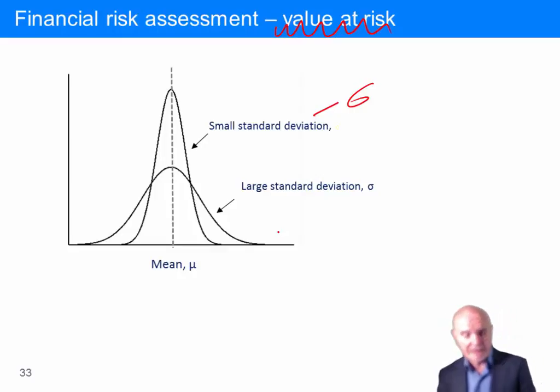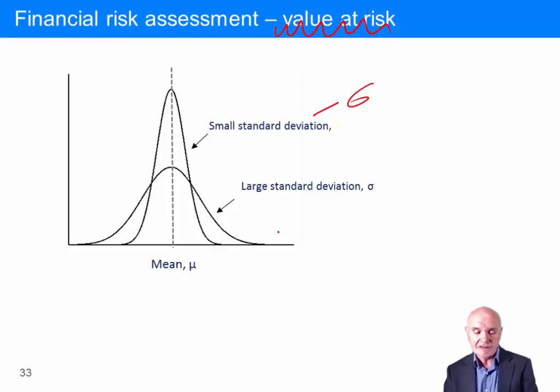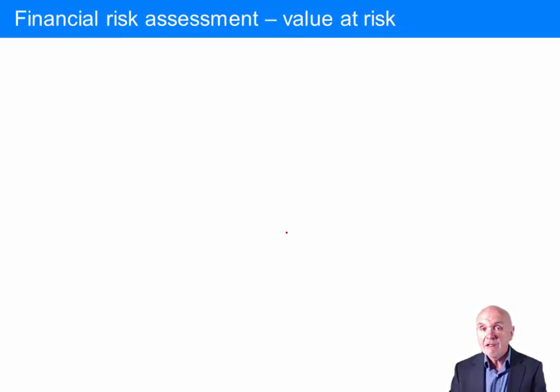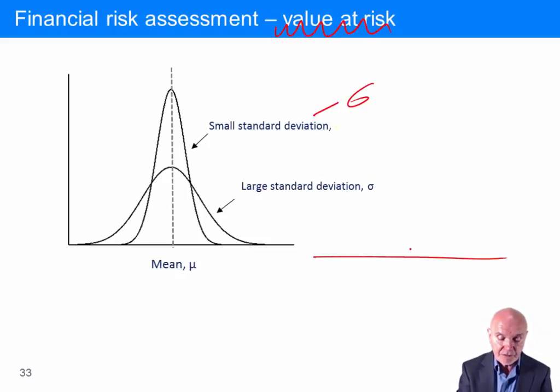So how is this used in some sorts of financial analysis? This is where we get on to looking at value at risk. But before we begin looking at shares, we'll take a couple of slightly simpler examples, which will teach us how to use what are called normal curves. These shapes here are sometimes called bell-shaped curves.